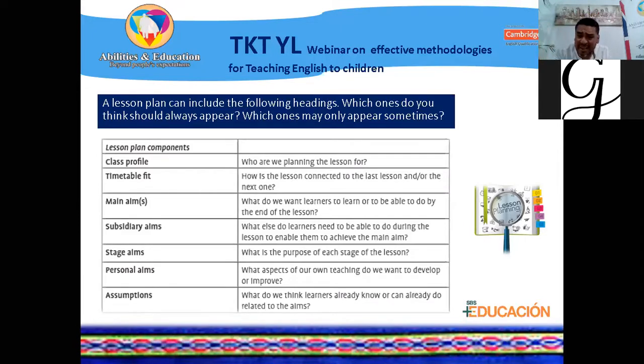And it is tiring and it's boring, right? We need to put the name of the class, class profile, 6C primary, timetable fit, the time, the aims, main aims or subsidiary aims, stage aims, personal aims. Yes, they are time consuming. I really pity some of you if you have to do this, all right?